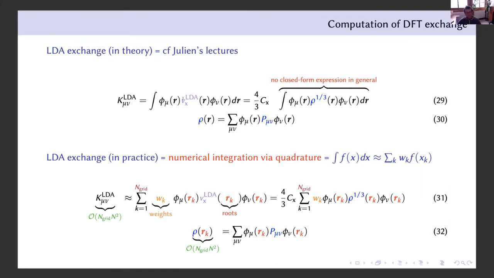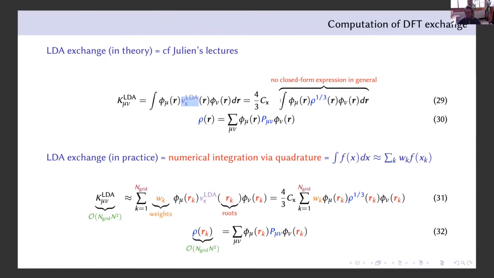You have this LDA exchange potential that you integrate with two basis functions, mu and mu, okay. So the exchange potential is just the derivative of your exchange functional with respect to rho, okay? So you just get 4/3 Cx rho to the power 1/3.